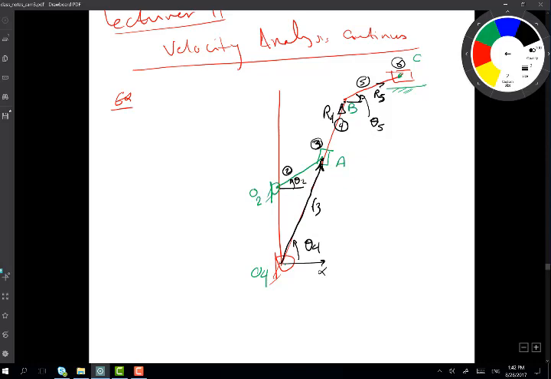Okay, so this distance here, we can refer to this distance as xc or something. That slider C slides on this line here.